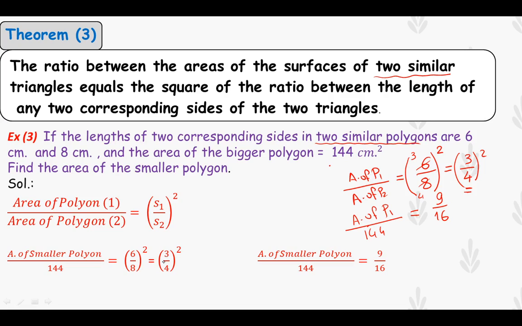Putting it in the simplest form, it is 3 over 4 to the power of 2, which equals 9 over 16. So the area of the smaller polygon over 144 equals 9 over 16. By cross multiplication, the area of the smaller polygon equals 9 multiplied by 144 over 16, which equals 81 centimeters squared. Let's go to another example.